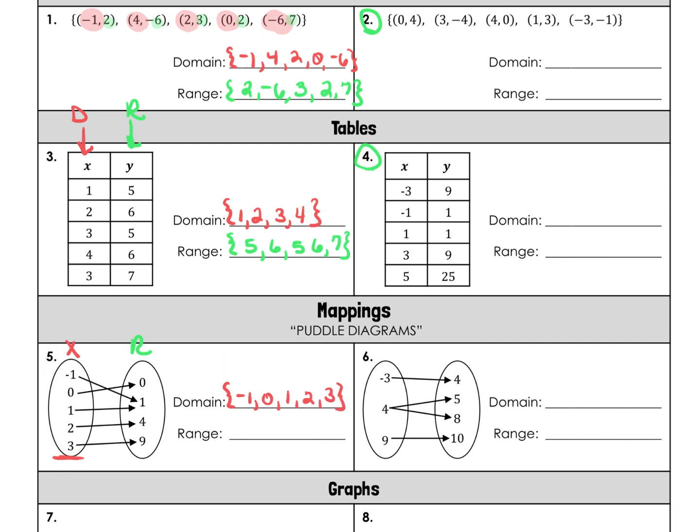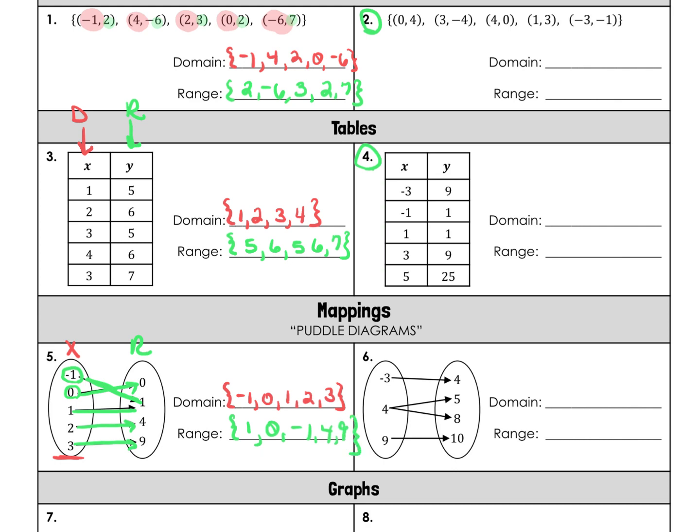Your range is going to be the number that your domain maps to. So you follow whatever arrow. So when x is -1, y is 1. When x is 0, y is 0. When x is 1, y is -1. When x is 2, y is 4. And when x is 3, y is 9.